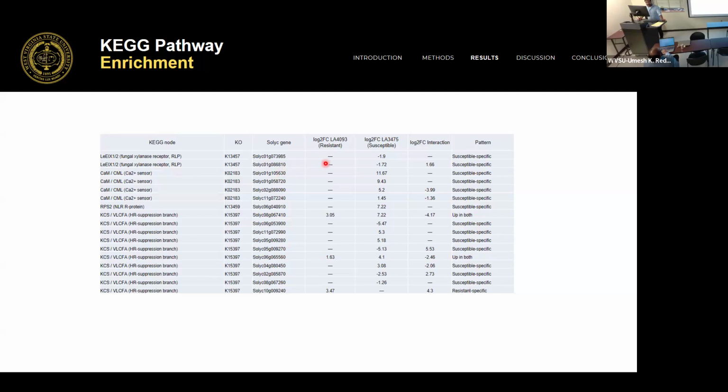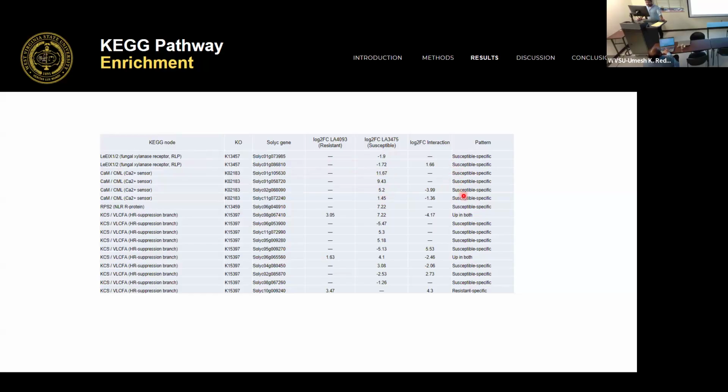The blank in the resistant one shows that its expression is not beyond the threshold, and the alternate expression in the susceptible shows that it overly triggers its receptors and genes to counter the infection.